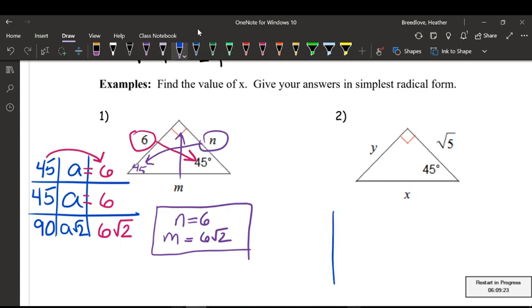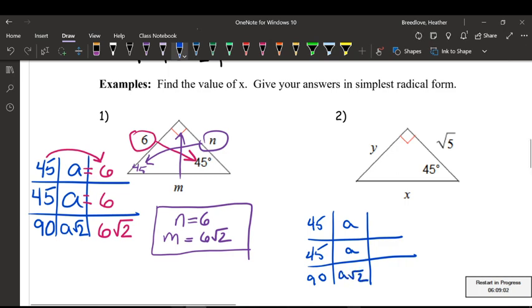I see I have a special right triangle. So I'm going to set it up as a 45, 45, 90. And that's A, A, A square root 2. So then I go and look at my table and see, what do I have?